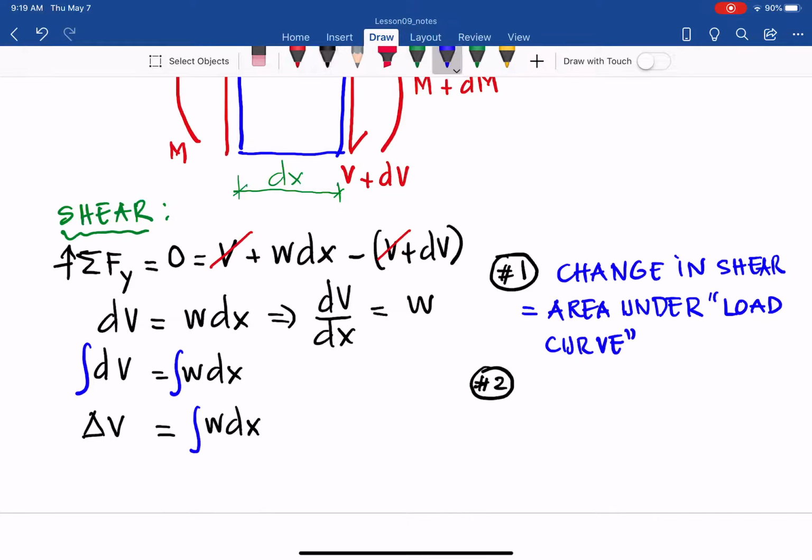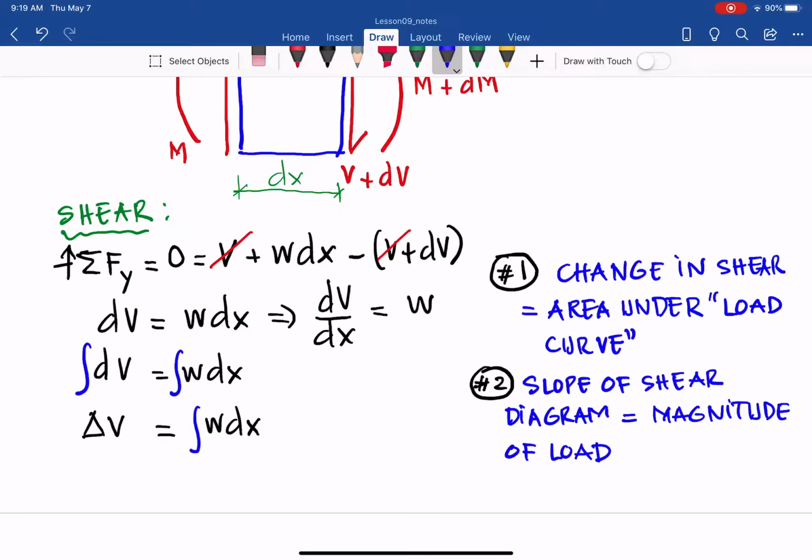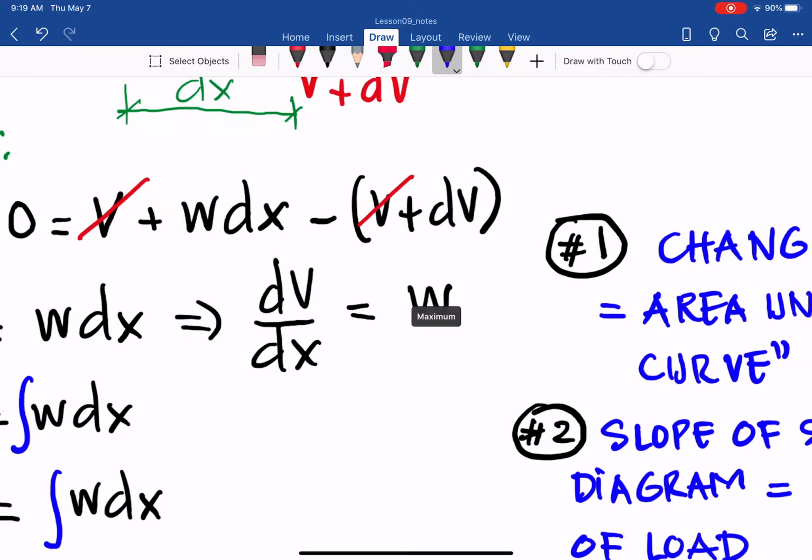So we can say the slope of the shear diagram is equal to the magnitude of the load, because that magnitude here is w.